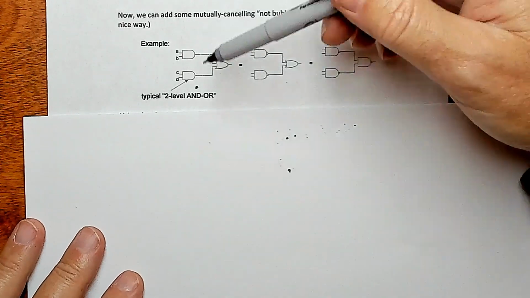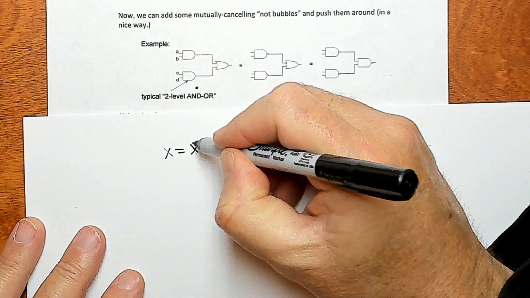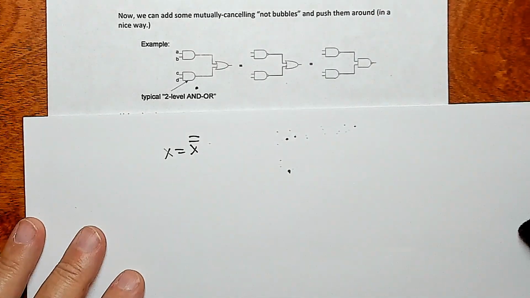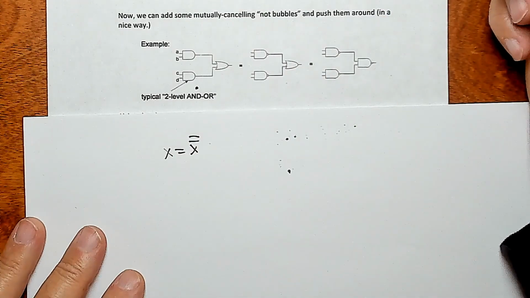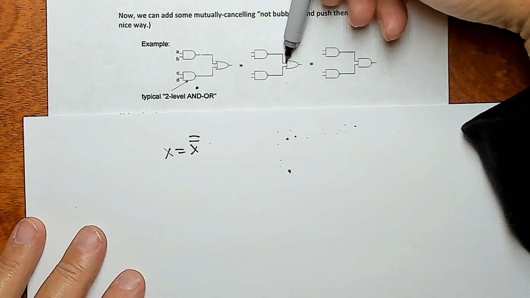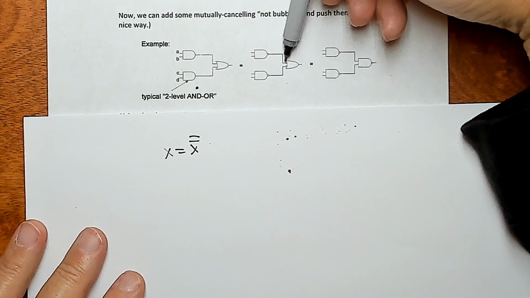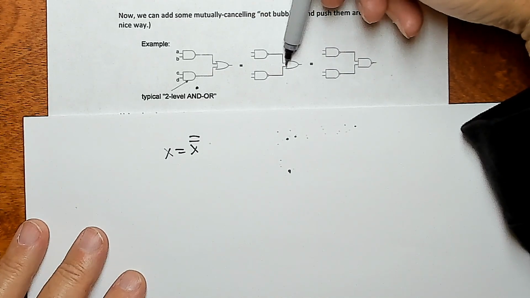You could introduce bubbles here, right? Because X is equal to X not. Double negative, you're back to where you started from. So if you put a bubble here, you could cancel it with the bubble here. Okay, you can do that. And you can do that here too. You can put a bubble here and cancel it with the bubble there.